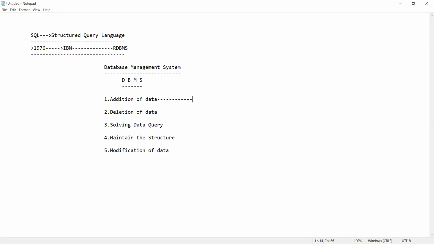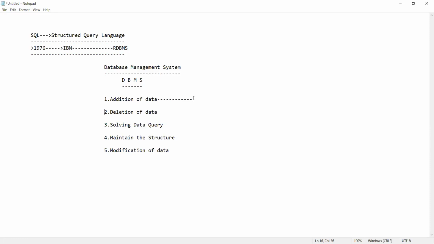Without the system, the database cannot be managed. So hence we call it Database Management System. To maintain the database, it performs the following tasks. Addition of data means adding new data.